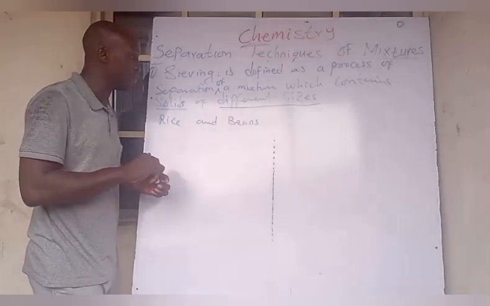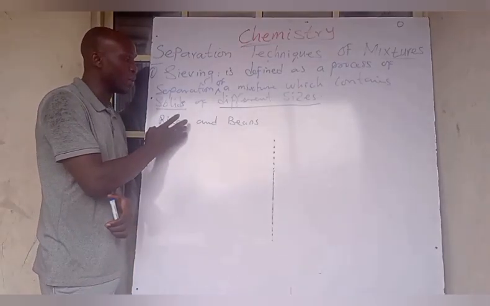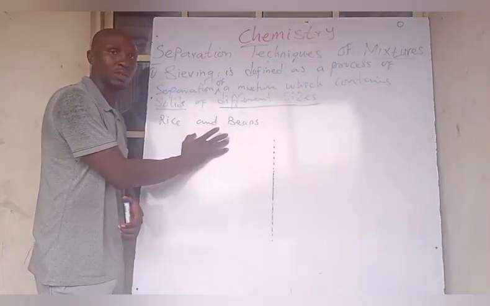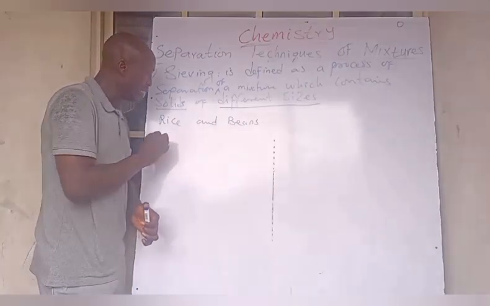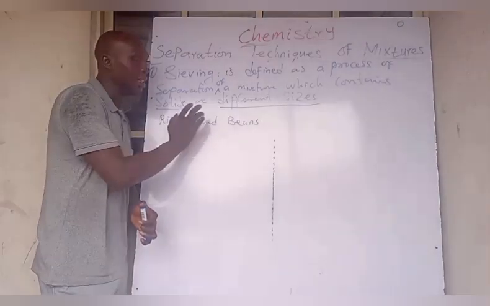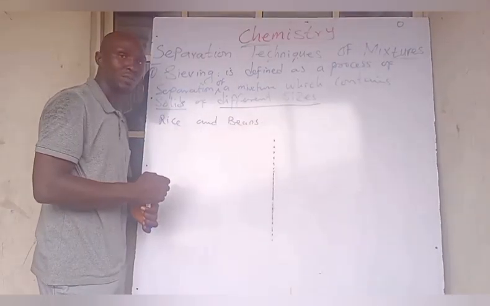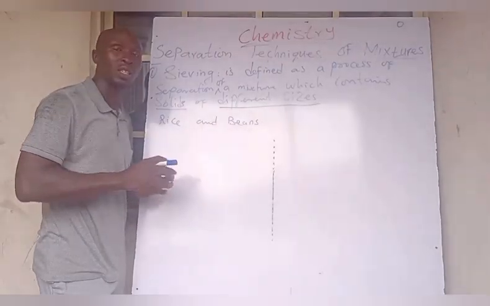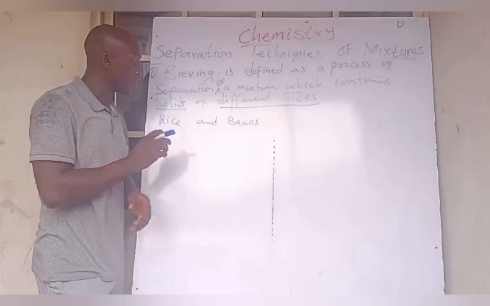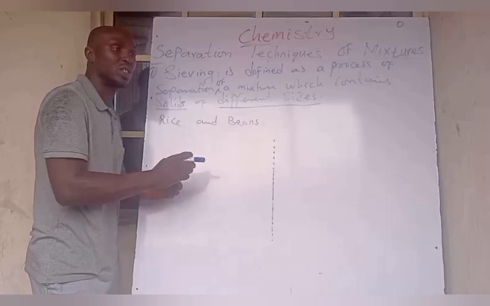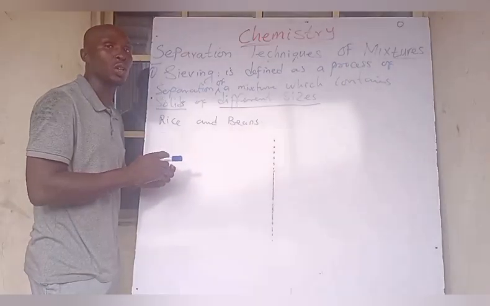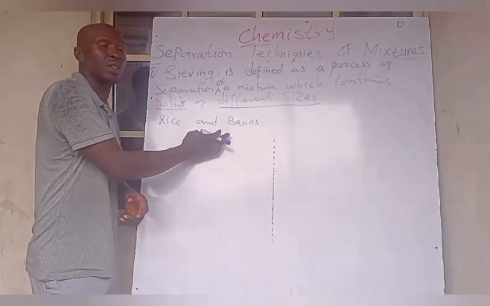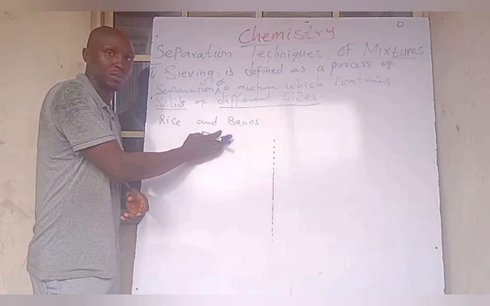If you look at rice and beans, you get to see that both of them are solids. Secondly, the rice is smaller than the beans. So you can see that both of them also have different sizes. That is to say, when you have rice and beans mixed together, you can easily use the sieving process to separate them from each other.